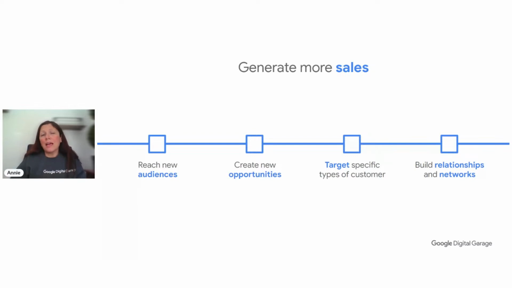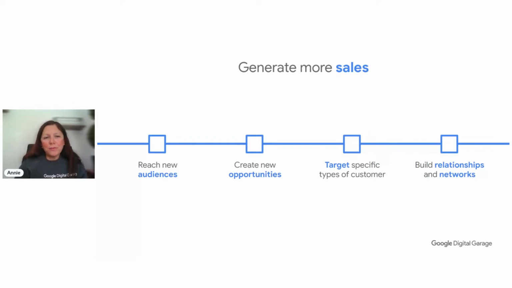And of course, just like the offline world, we want to create relationships and partnerships. And we can do that through social media by reaching out to advocates and people that can help celebrate and become our virtual salesman online or salesperson. So even if we're really niche, we can start to generate sales through social media, through understanding, connecting with, and collaborating with our audiences.